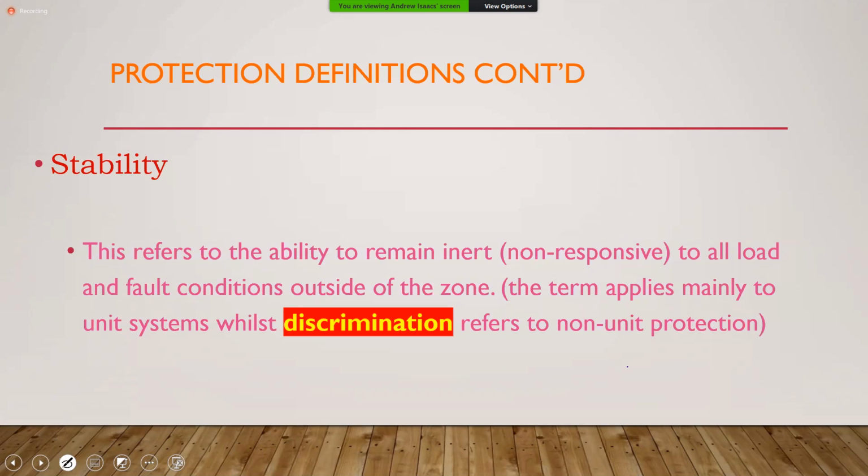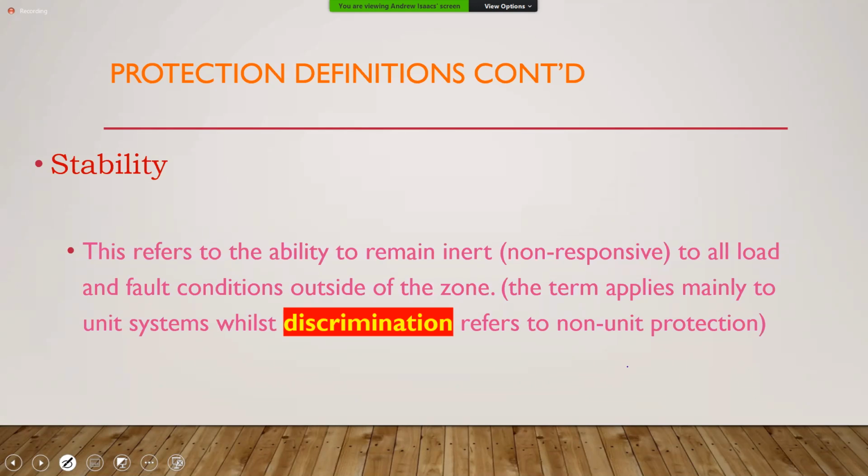However, only the one that is associated with the equipment should operate. What stability is saying is that the protection system should be non-responsive to all load and fault conditions outside of the zone.